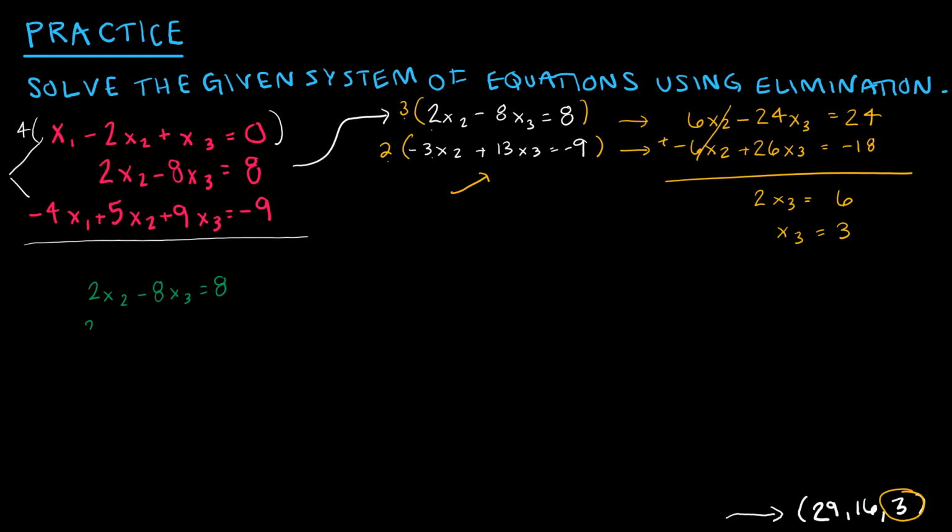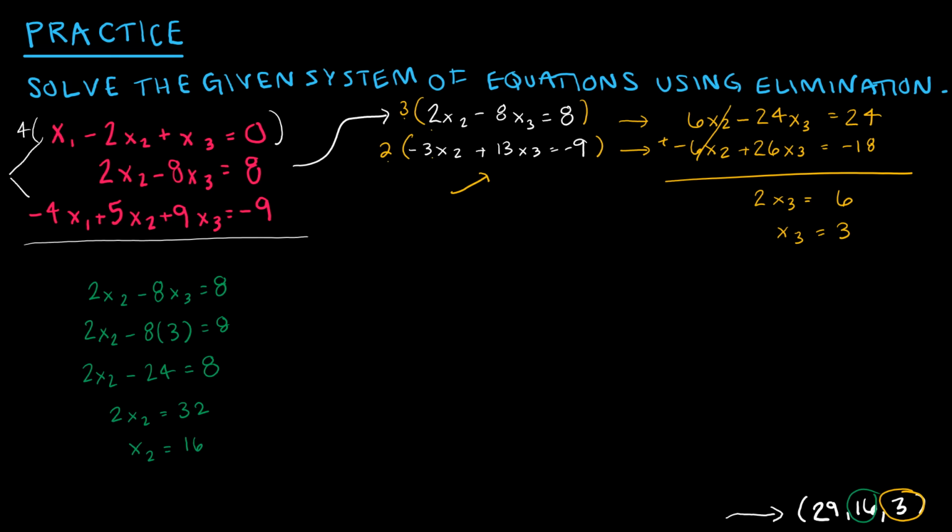And now I'm going to replace x3 with 3. And so I get 2x2 minus 24 equals 8. I'm going to add 24, so 2x2 equals 32. Divide by 2, I get x2 is 16. And now I feel like a genius because, again, 2 correct.